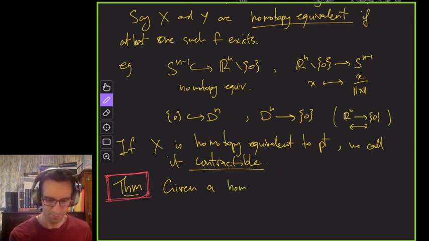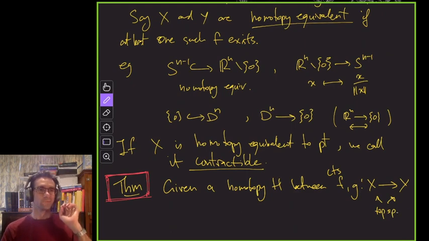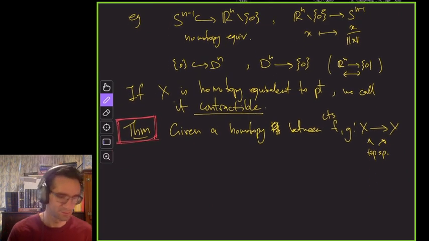So given a homotopy H between f and g, both continuous functions between topological spaces x and y. I'm going to have another h soon, so let's not write down that h. So f and g induce maps on cohomology because cohomology is a functor.